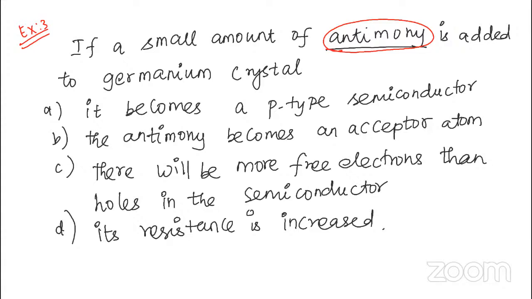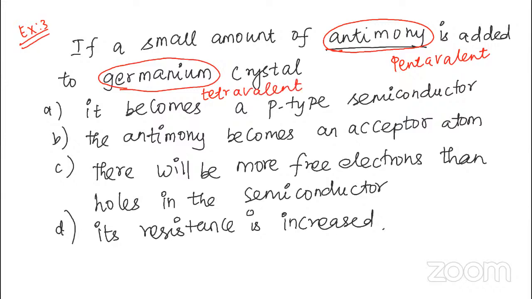Yes, it is pentavalent. Germanium has 4 electrons in the outermost shell, so it is tetravalent.